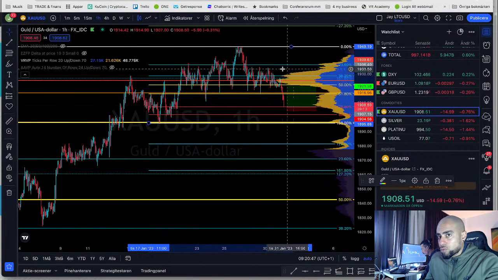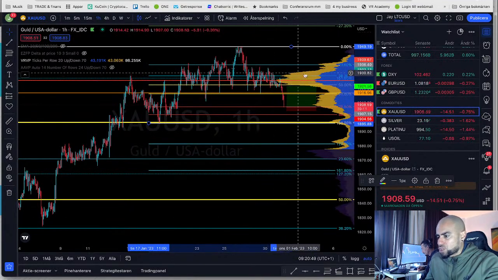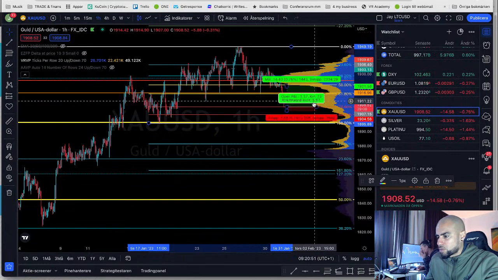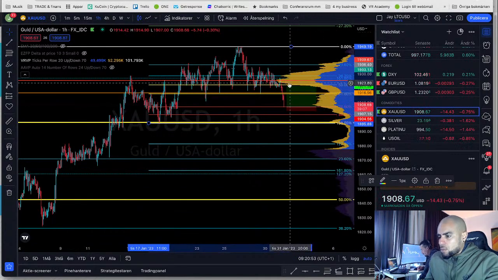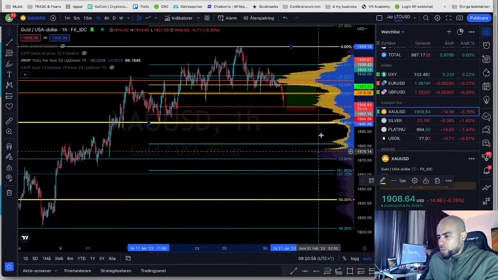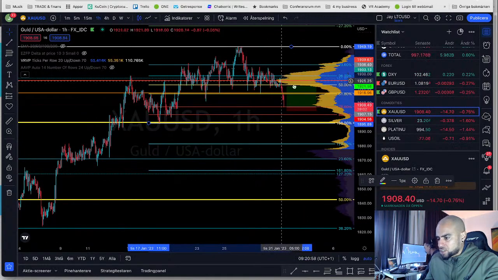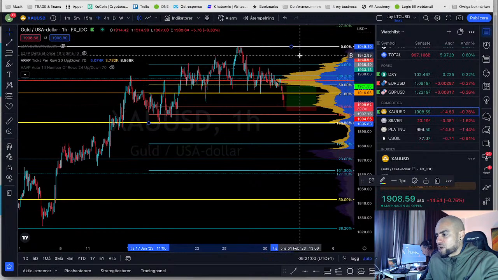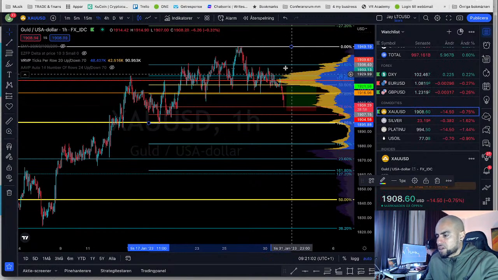Okay, so most of the volume, as you see, is here. I'm looking for the volume. I want to see where the volume is. The market has pulled down to the volume here now. Most of the volume is up here. If we go up, we're gonna get stuck in this area. It's not gonna be a clean breakthrough, even if we want to go higher.